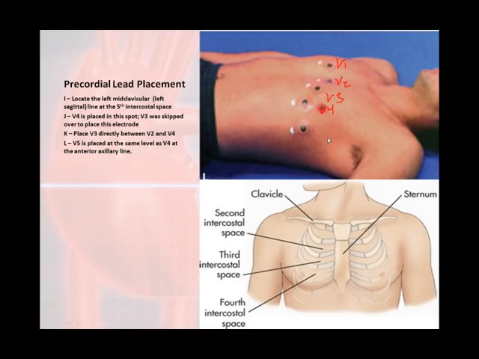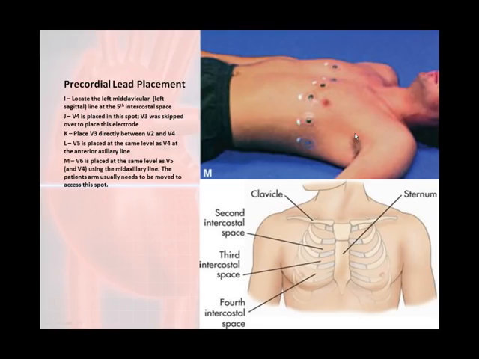V5 is placed at the same level as V4, but where we're placing it is what's called the anterior axillary line. So basically what we're saying is the front part of the armpit here. You find the crease right here on the anterior axillary, and you place V5, same level as V4, at the level of the axillary line. That is where V5 would be placed.